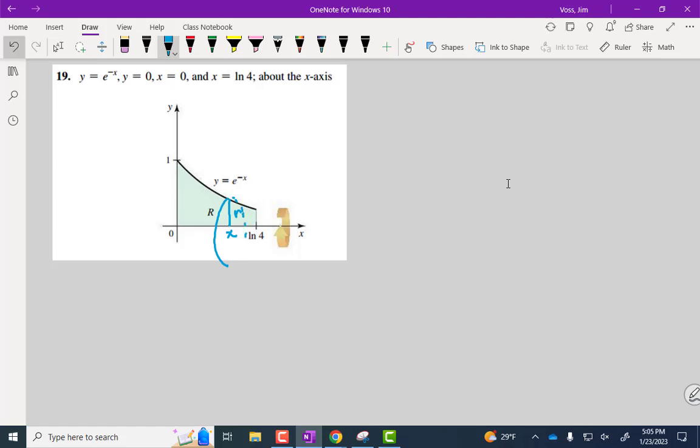Yeah, it looks a little messy. Let's just go like that. So the disk that we're going to create has a radius of r. It's going to be from 0 to negative 1. So tell me what the area of our disk is then.